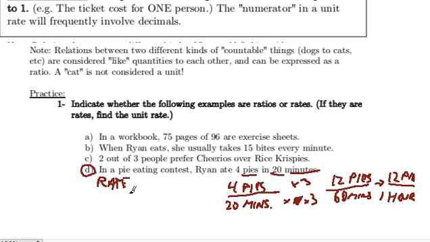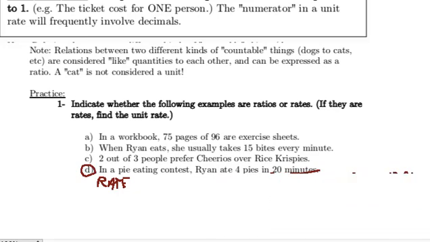Again, I could have said, instead of converting it to 1 hour, let me convert it to a unit rate that gives me the total number of pies per minute, per one of something. As long as it's per one of something, it's a correct unit rate. So 4 pies per 20 minutes, if I want to convert this to per 1 minute, then I've just got to divide the top and the bottom by 20.